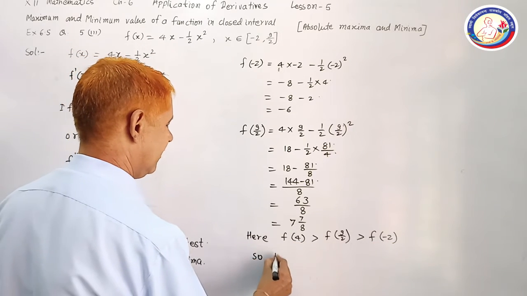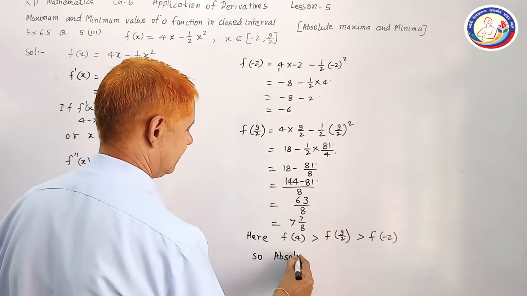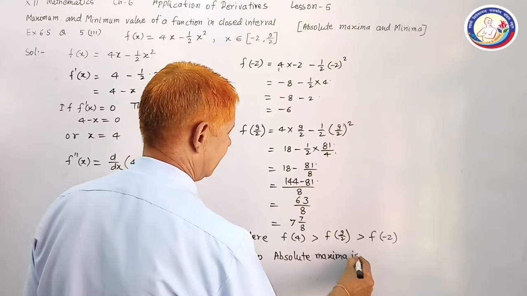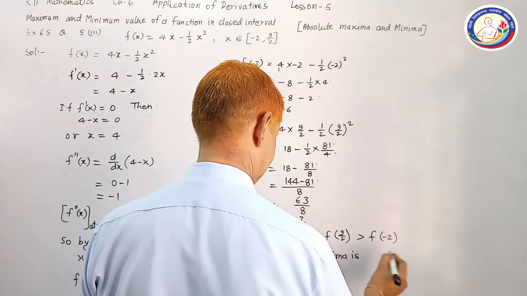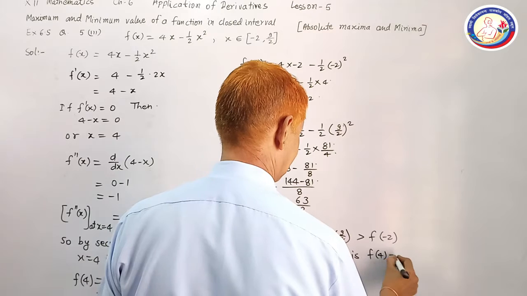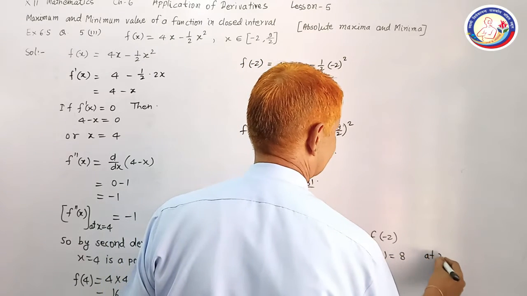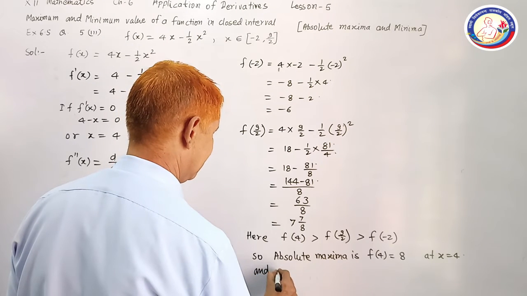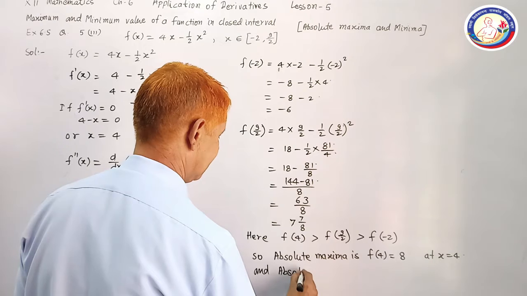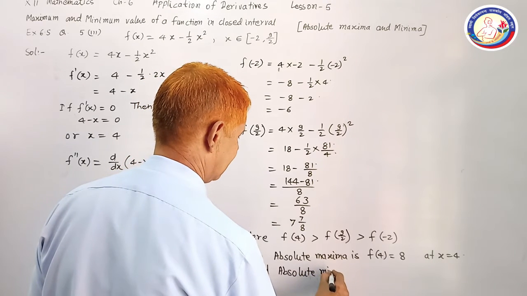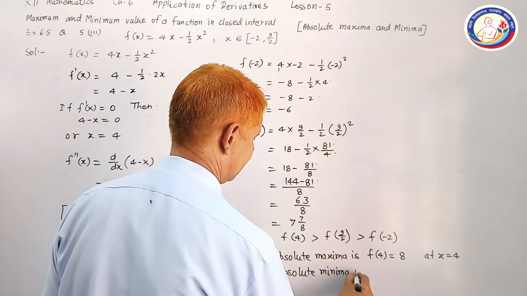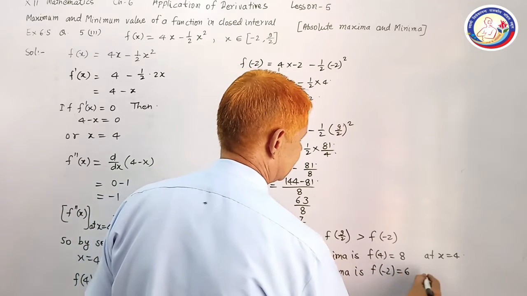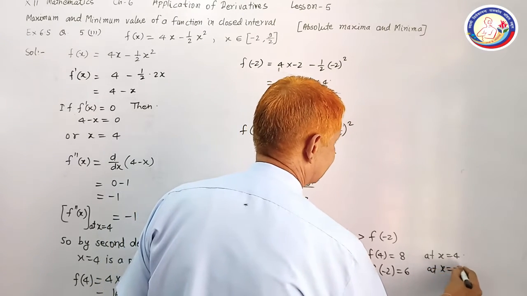So, absolute maxima is F(4) equal to 8 at x equal to 4, and absolute minima is minus 6 at x equal to minus 2.